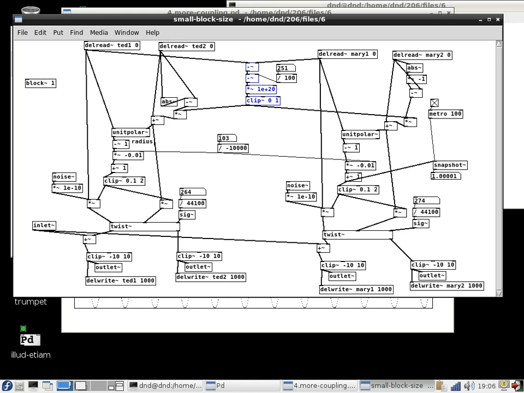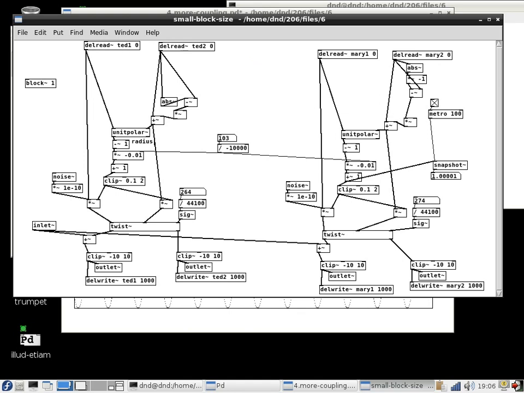I'm going to take one of the oscillators and the other of the oscillators and just twist them like this. For the sake of simplicity, I'm going to do it to real parts. Let's get rid of this. Let's get rid of this. We're not doing that anymore.